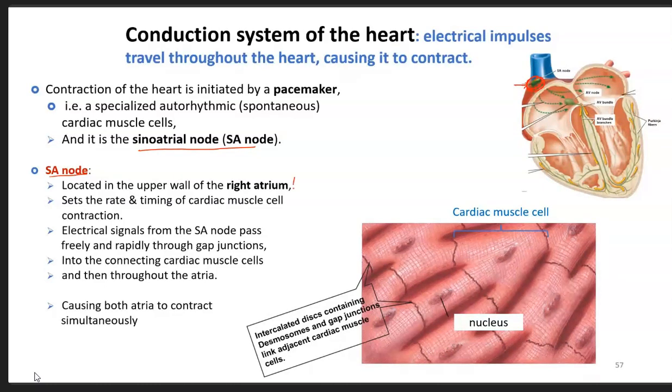The SA node will set the rate and timing of the cardiac muscle cell contraction, and the electrical signal from the SA node passes freely and rapidly through gap junctions. As you can see in this diagram, one cardiac muscle cell is connected to the next by gap junctions and desmosomes.